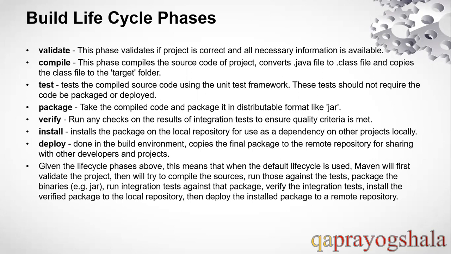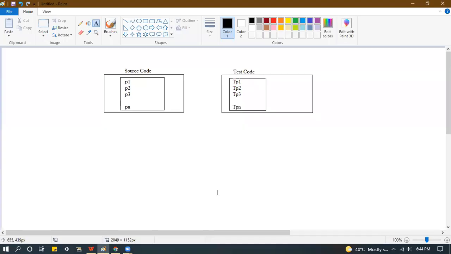Now next comes the verify phase. So we did the unit test, but we need to make sure that the interaction between all these units is working correctly. We made sure that each individual unit is working correctly, and next we need to make sure that the interaction between all these modules is also correct.